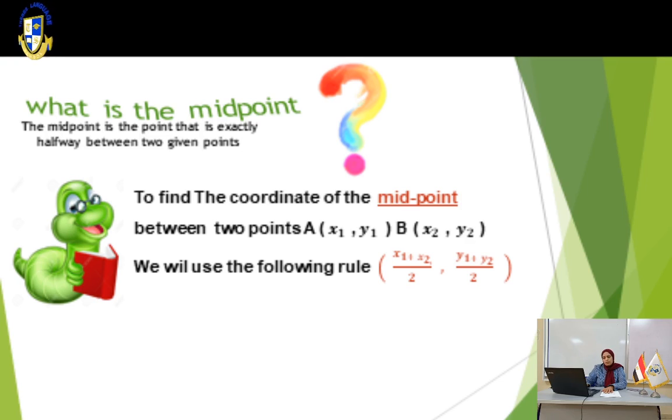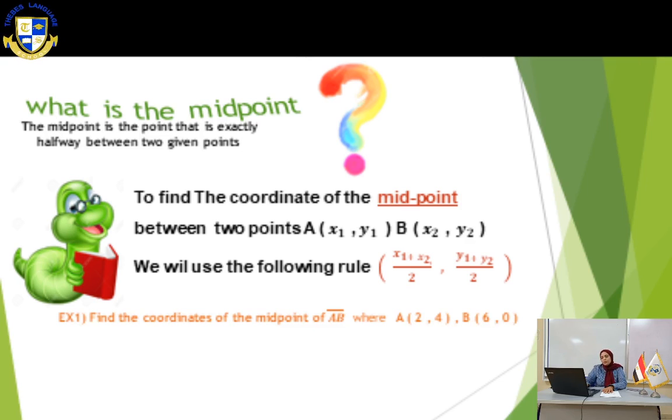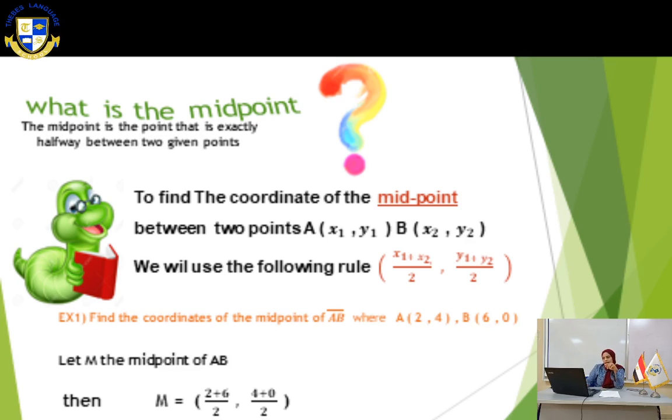Here we have an example. Find the coordinates of the midpoint of AB, where A is (2, 4) and B is (6, 0). So the midpoint of AB: add the x coordinates, 2 plus 6 over 2, and the y coordinates, 4 plus 0 over 2, to be (4, 2).